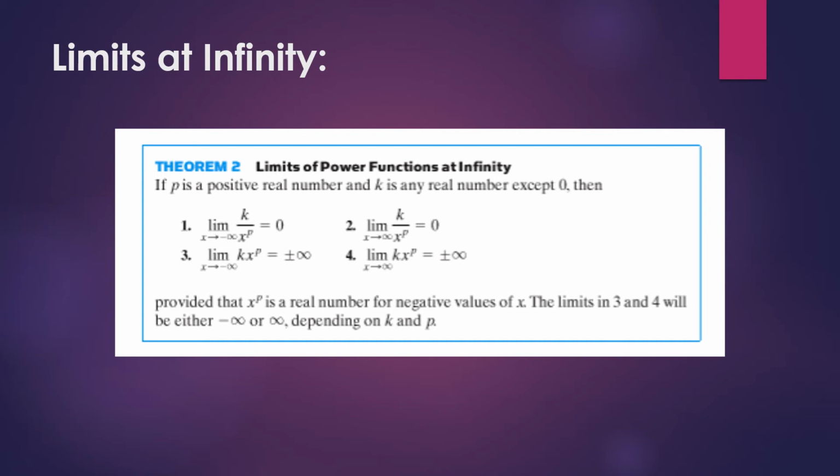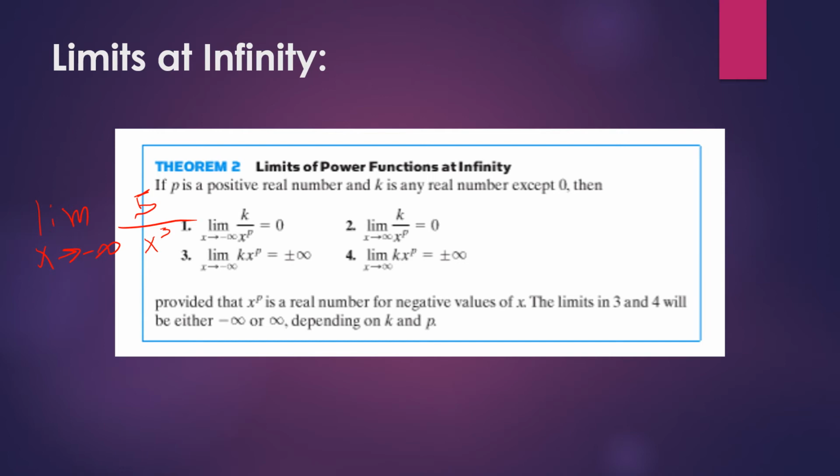So this would be like, because k is any real number, let's say it's 5. And then p is a positive number, so let's say we've got x to the third. The limit as x approaches negative infinity of this guy right here would be 0.